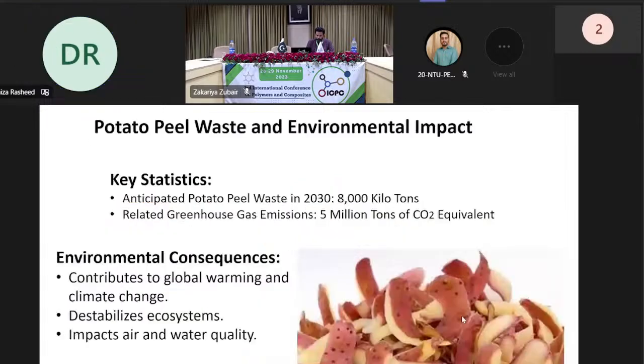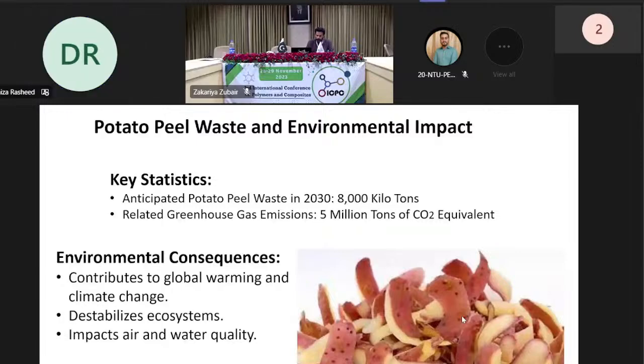Whenever somebody intends to use potatoes, definitely she has to peel them. After peeling, the peels are sometimes in great quantity, and there are statistics anticipating that potato peel waste by 2030 is approximated to be 8,000 kilotons, and the greenhouse gas emissions are expected to be more than 5 million tons annually.